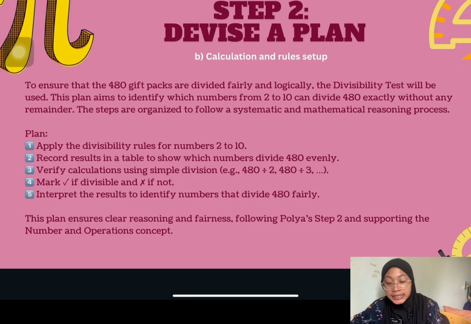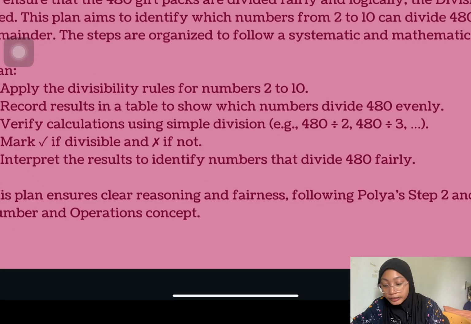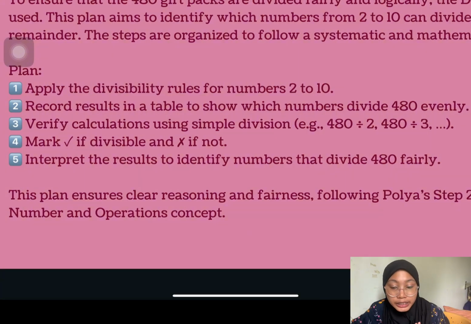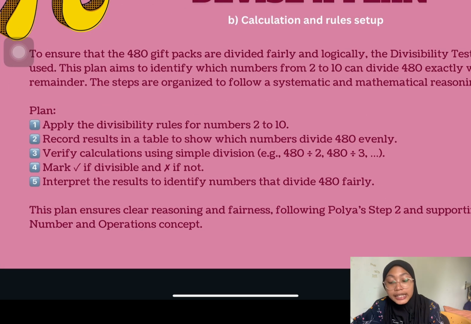Since step 2 is to devise a plan, we need to plan what we need to do to move to step 3. The plan is, first, apply the divisibility rules for numbers 2 until 10. Then record the result in a table to show which numbers divide 480 evenly. What does evenly mean? Evenly means with no remainder.